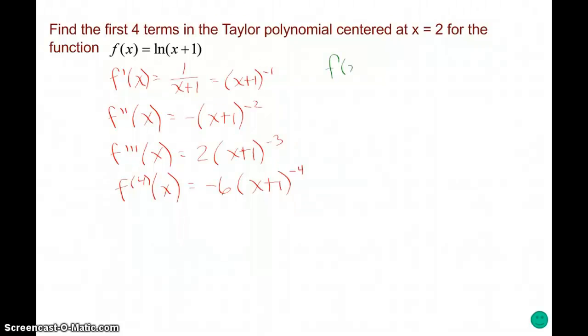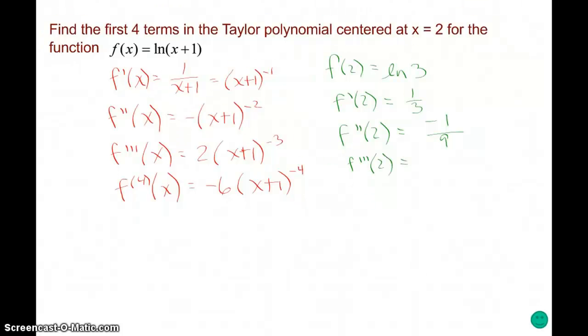We need f of 2, which is the natural log of 3, f prime of 2, which is 1/3, f double prime at 2, which is negative 1 over 3 squared, or negative 1/9. F triple prime at 2 is 2 over 3 cubed, or 2/27.